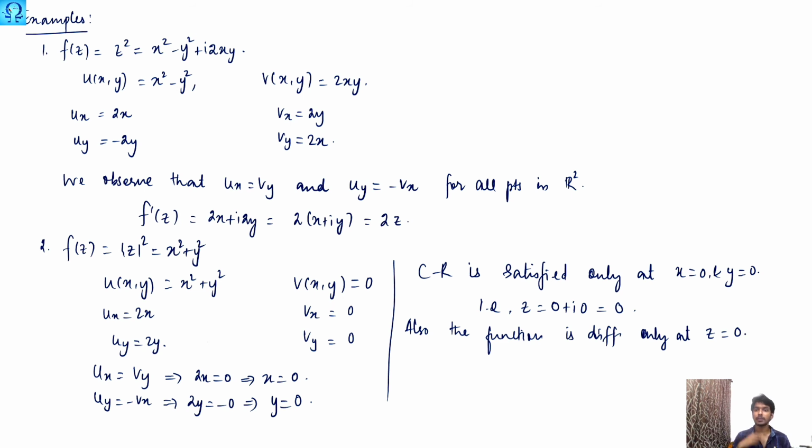Now let me present you a problem which satisfies the CR equations but fails to be differentiable. Consider the function f of z is the real part of z, whole squared. We know this function is not differentiable at any point, but still this can be written as x squared plus iota times 0.